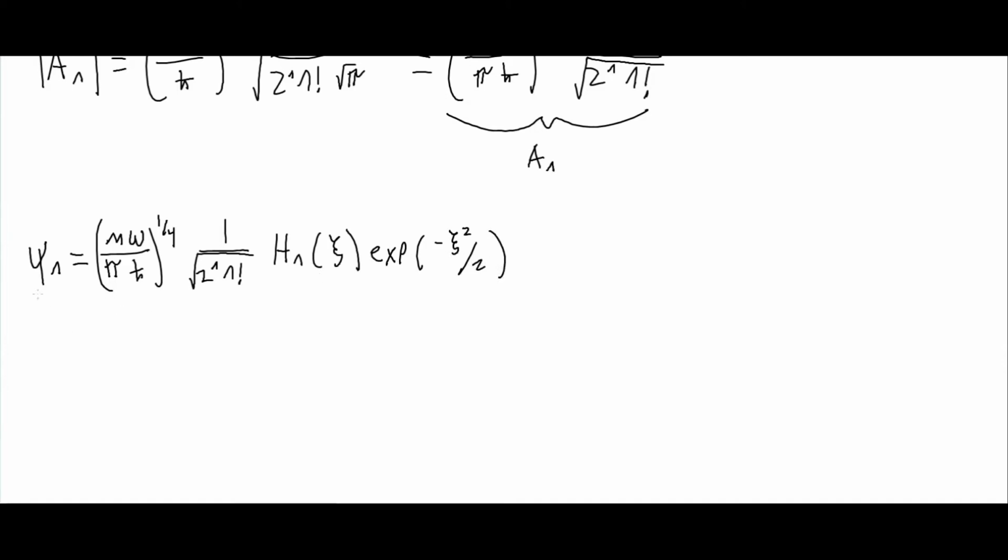And so this is our wave function here. And like I said, it's in that form of a_n H_n, which is a function of something, e to the minus something squared over 2. I said it was going to be in this form, and that is exactly what we have here. So this is our a sub n right here.